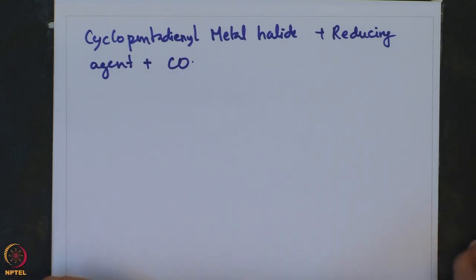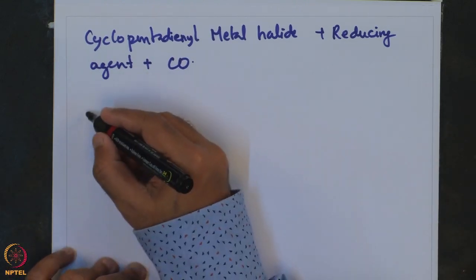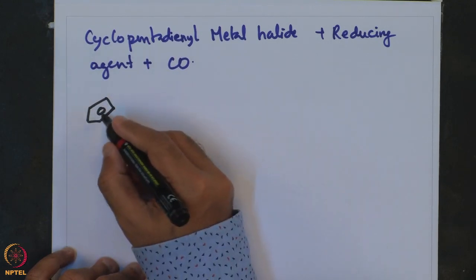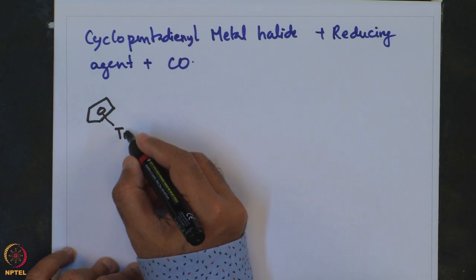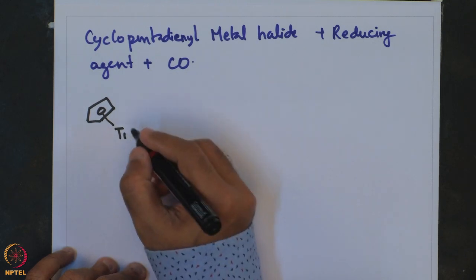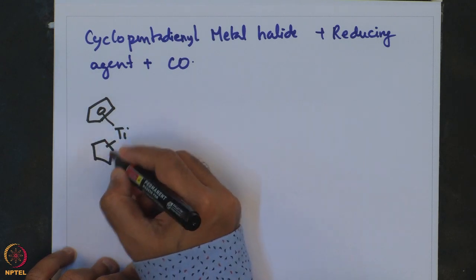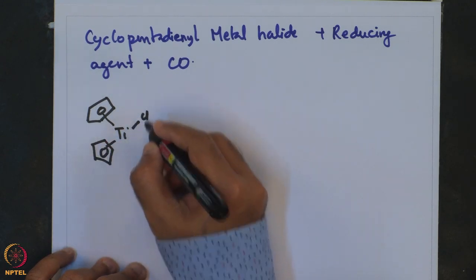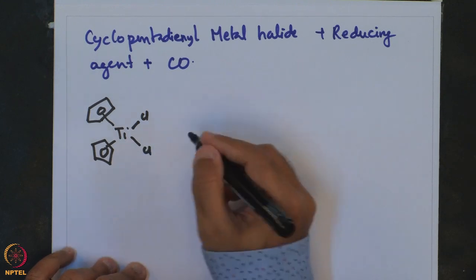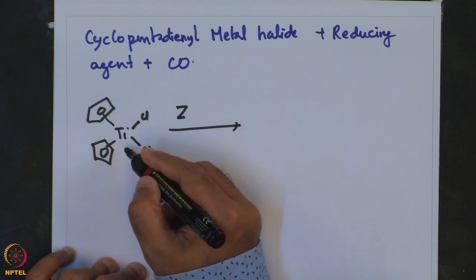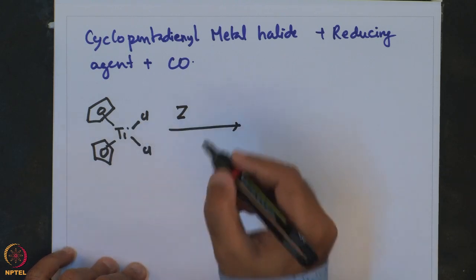A nice example of this is shown over here. This is BCP titanium dichloride. In this case titanium is in +4 oxidation state.